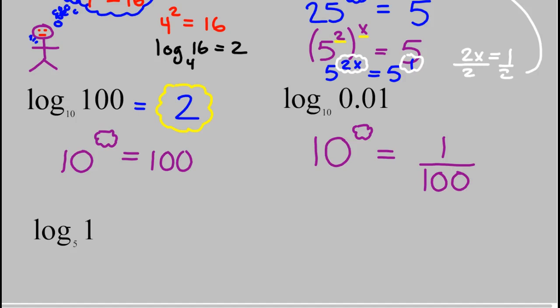But I want 1/100th, so I have to take the negative and square it. So it's -2. 10 to the -2 power, the negative part makes it 1 over 10 to the +2, and 1 over 10 to the +2 makes it 1/100th. So this is -2.